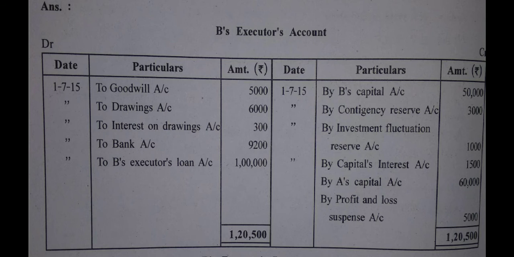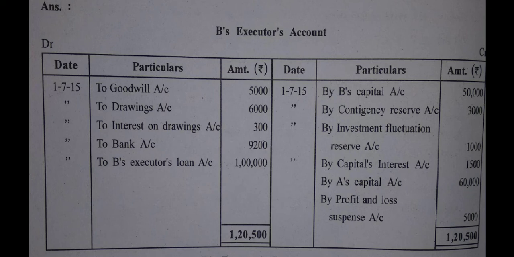But this is not his capital account, this is his executor's account. So all the things which are to be given to B and which are to be debited from B's capital are to be written in B's executor account on credit and debit side.